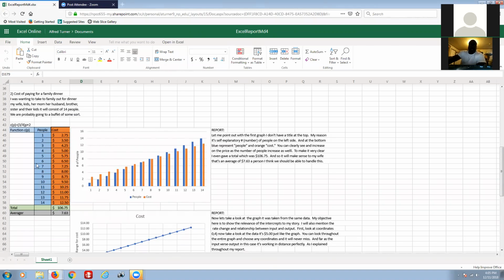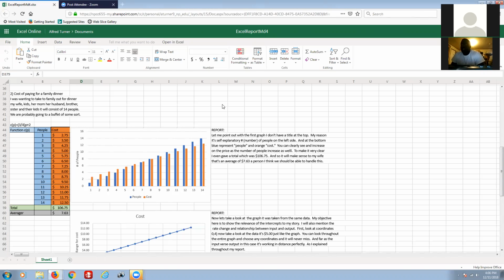Then that's my cost. Let me point out the first graph. I didn't have a title on top. My reason is self-explanatory. Number of people is on the left side at the bottom, blue represents the people, and the orange represents the cost.